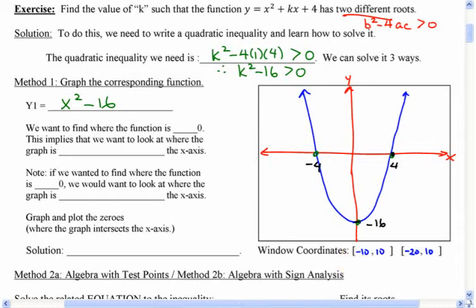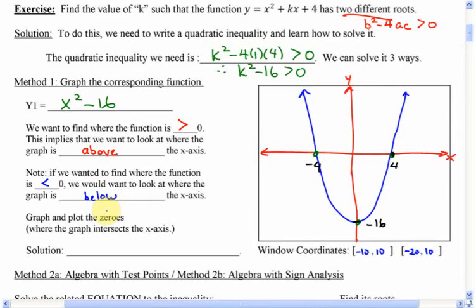So when I ask you to find something that's bigger than 0, this implies that we want to look at where the graph is above, thank you, the x-axis. Okay. And by the way, if I asked you for less than 0, what do you think we're looking for? Below, right.